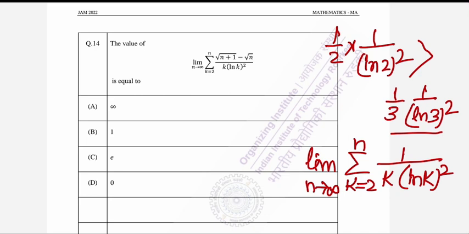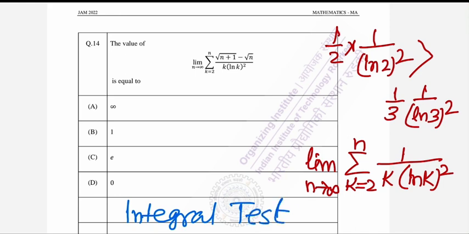And in this case, whenever we have a sequence of positive terms and the terms are decreasing, then we can use this test. I write here the name of the test: simply we can use the integral test.